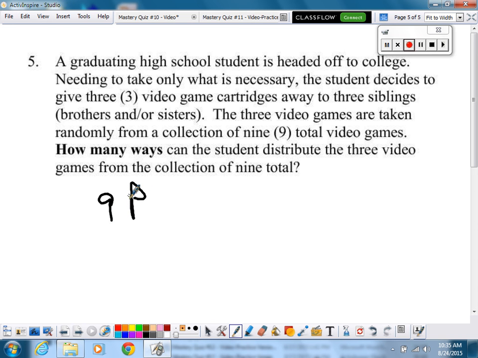It's a permutation because the order in which you give the games out matters. So 9P3. Again, grab your calculator, crank it out. You got 504 different ways that you can do this. 504 different combinations or permutations of distributing those 3 videos to your siblings.